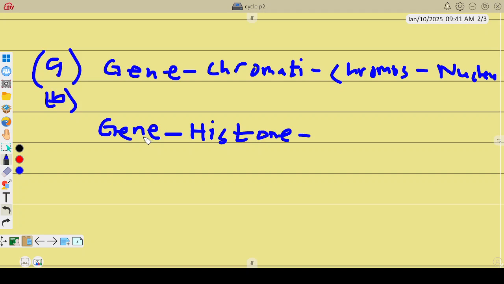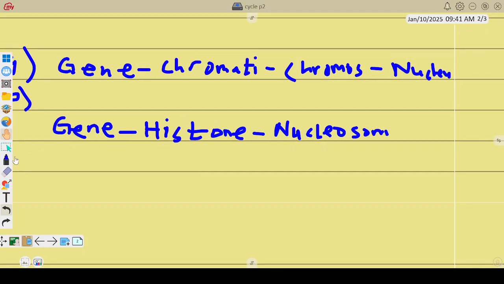So this gene and the histone together will give a nucleosome, and then after a nucleosome, that's when we have a chromatide. And then two chromatides will give a chromosome. Yeah, I'm sure you've understood very well.